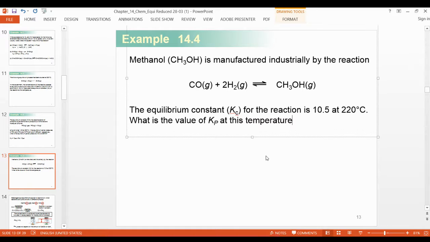Minus 2. So you have to write minus 2 on the top, right? To the power minus 2. So 10.5 multiplied by 0.0821 multiplied by 493. 493 is the Kelvin, whatever the temperature plus 273. So 493 you will get, and to the power minus 2. So your answer is 6.41 times 10 to the power minus 3, Kp.